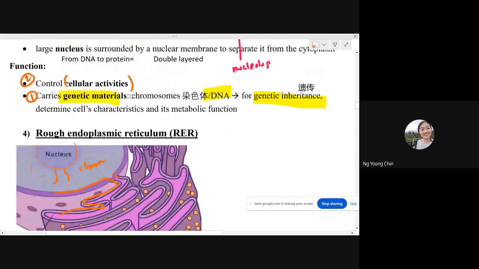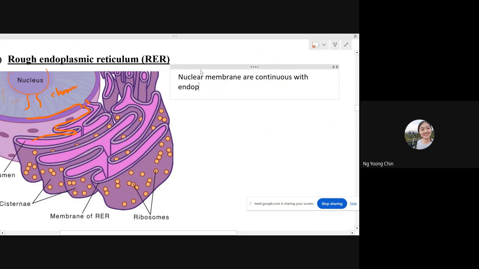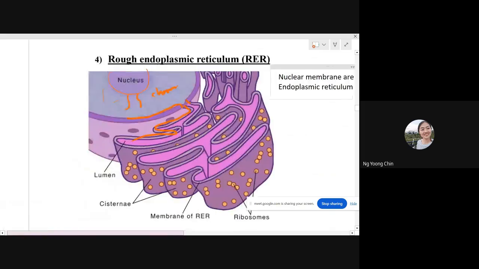So maybe I can write here: nuclear membrane continuous with endoplasmic reticulum. It's just like the nuclear membrane extends outside until it becomes the endoplasmic reticulum.